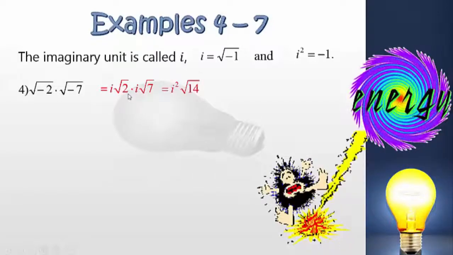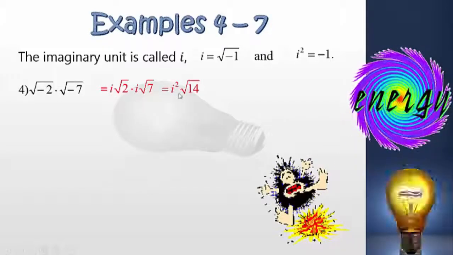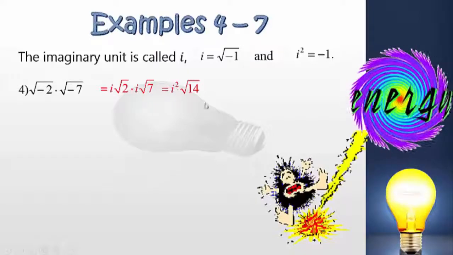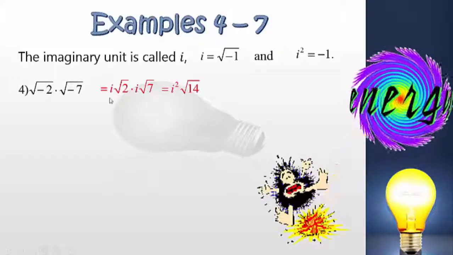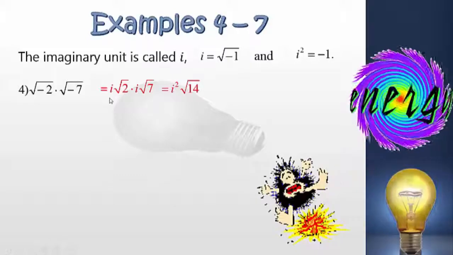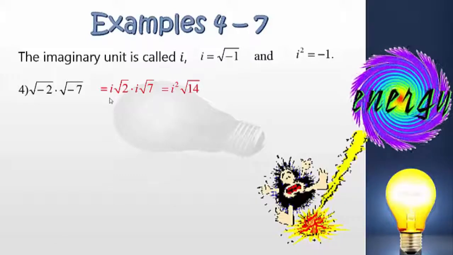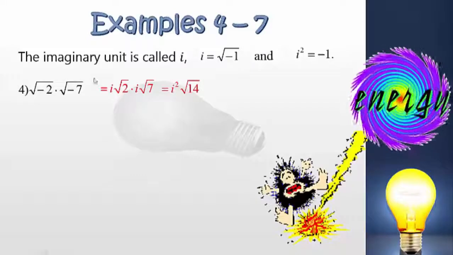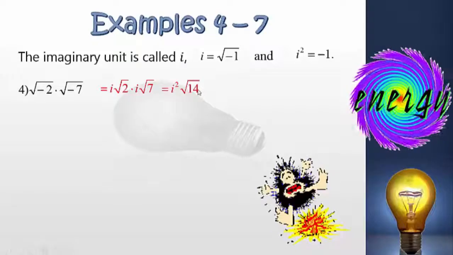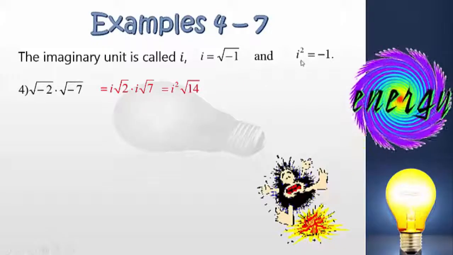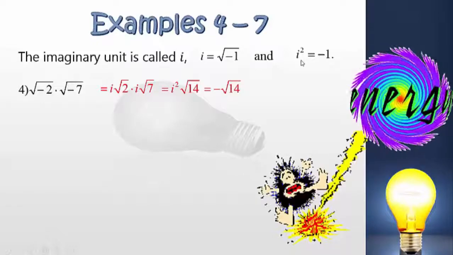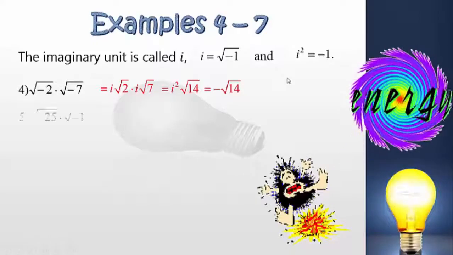Now, i times i is i squared, and then we have the square root of 14 because 2 times 7 is 14, and there's no way of really simplifying the 14 any further, but we must simplify the i squared, and we know the i squared is equal to negative 1, so the answer is negative square root of 14.